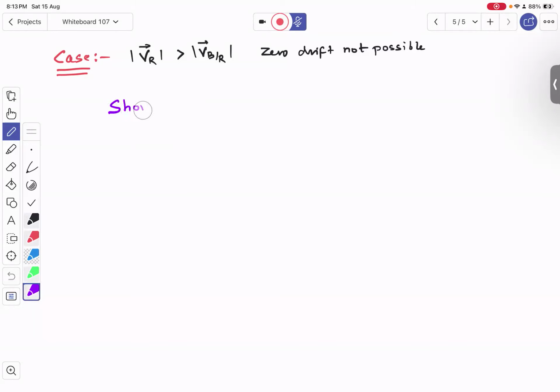So in this case, the shortest path to cross the river is equal to the width of the river, which is B, multiplied with U by V or V by U. Given a choice, with which will you multiply so that the outcome is more than B? So we must be multiplying with something more than 1.